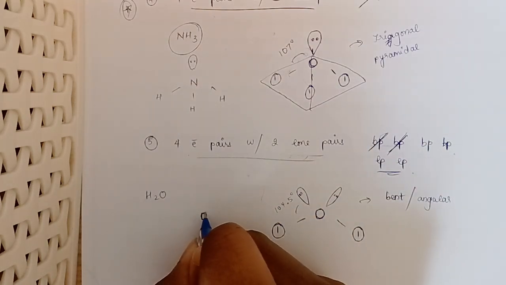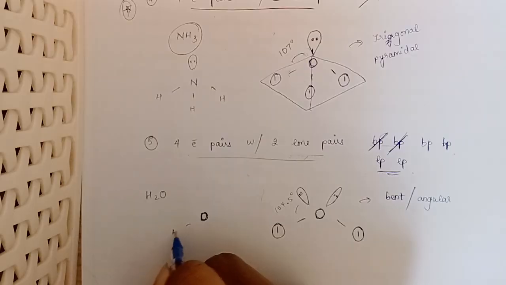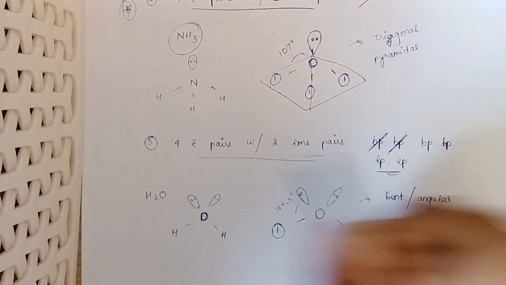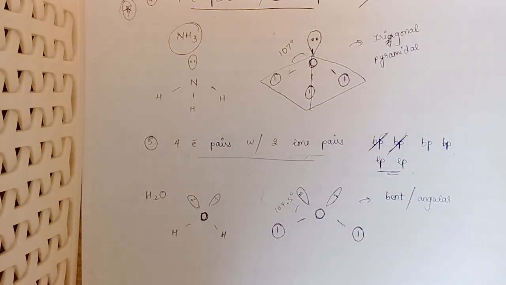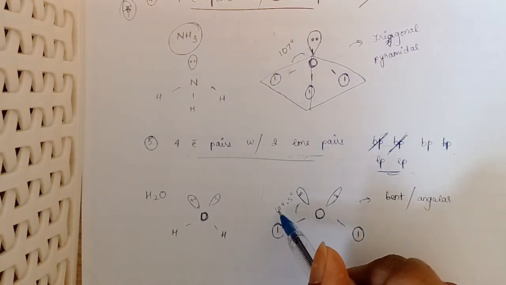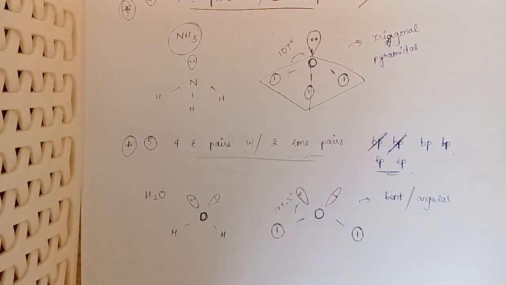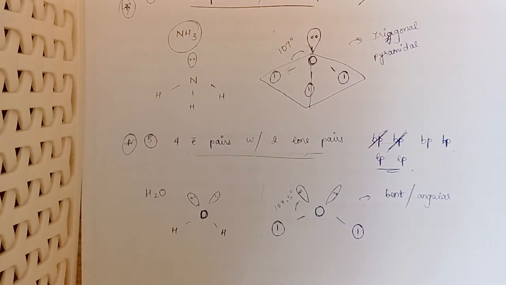O will be placed over here, and then we have one H, another H, and 2 lone pairs. So this is how this structure is made, and the angle between them is 104.5 degrees. This is also important. So these are the very important shapes: tetrahedral, trigonal pyramidal, bent or angular. Then we have linear and trigonal planar.